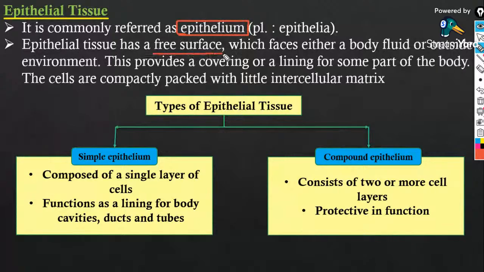It has a free surface which faces either a body fluid or the outside environment. Our skin and all is made up of this epithelial tissue. It provides a covering or a lining for some part of the body, and these are compactly arranged.